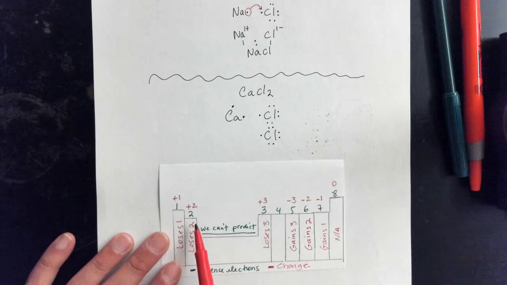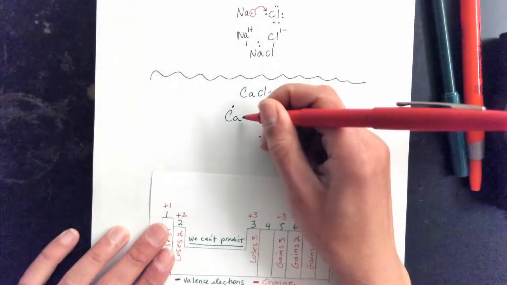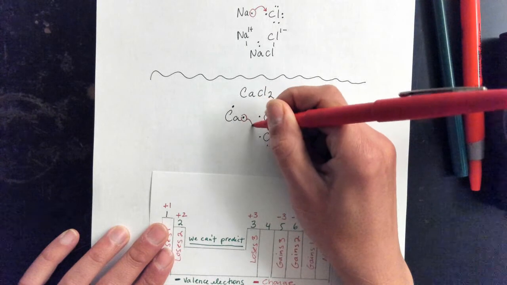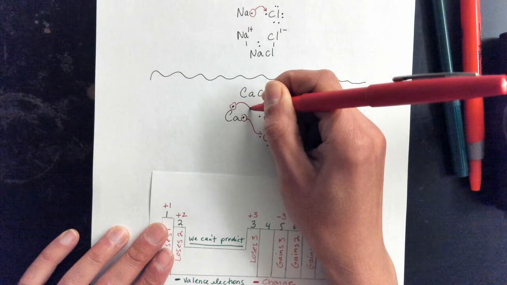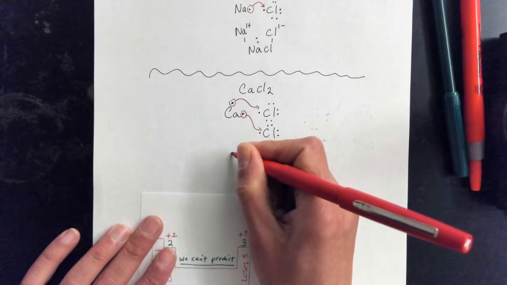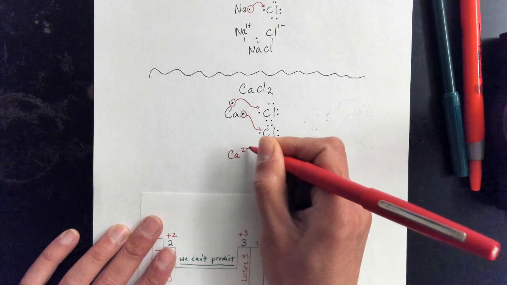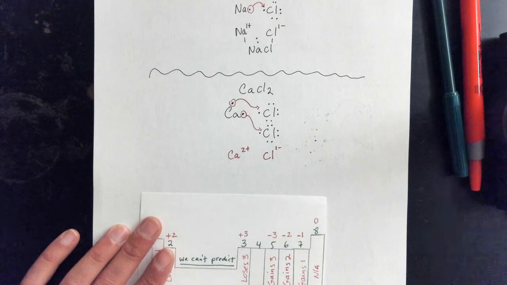It says right here, loses 2 electrons. So one is going to go to this chlorine. The second one is going to go to this chlorine. So it is going to be calcium, which lost 2, and chlorine, each gain 1.